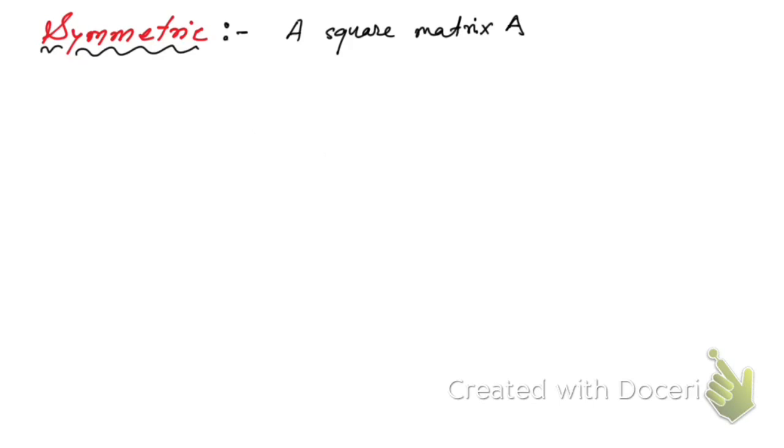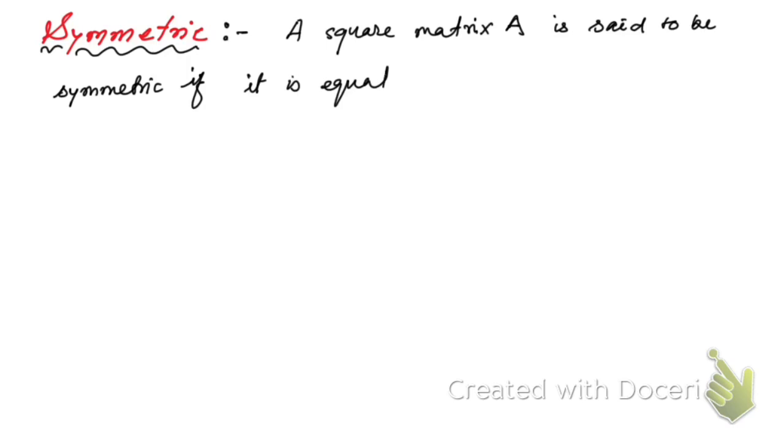A square matrix is said to be symmetric if it is equal to its transpose matrix.